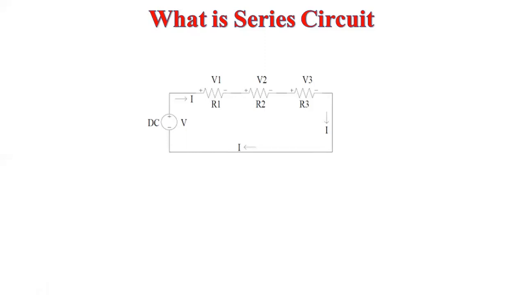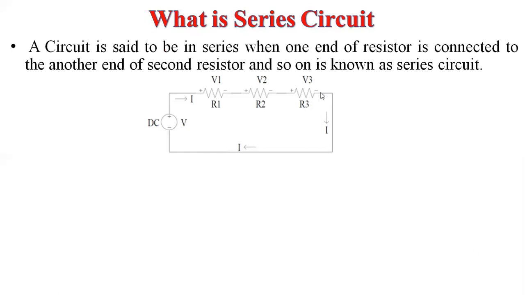Okay, in series connection, current always remains the same, but voltage is different. So if we want to define a series circuit, a circuit is said to be connected in series when one end of a resistor is connected to one end of a second resistor.